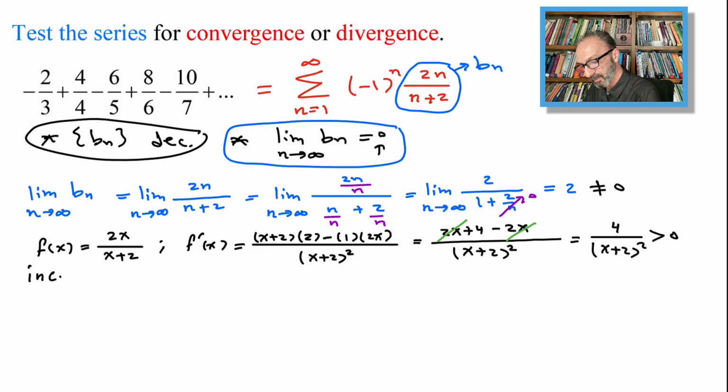Now, going back to our topic, staying focused, we found that the limit of p sub n equals 2, which is not equal to 0. Well, that takes me back to a sub n, and we could say the following.